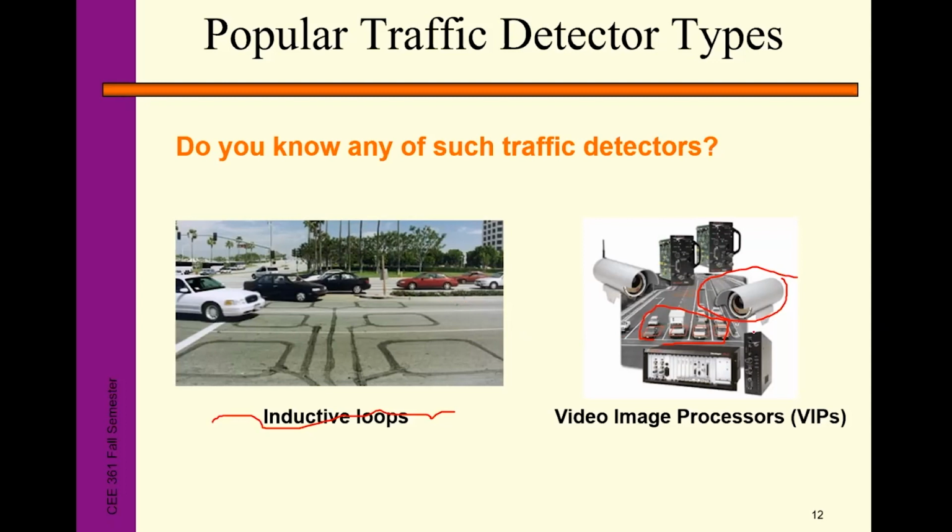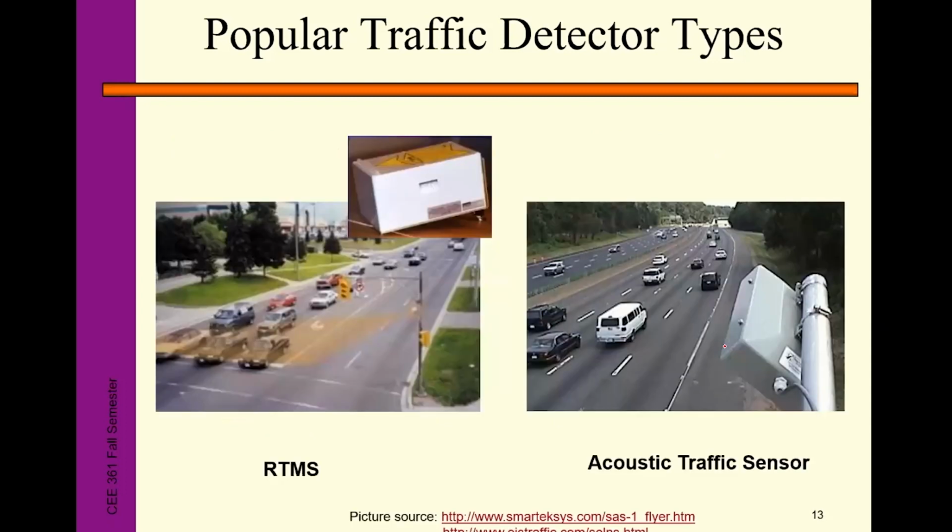In addition to those traffic sensors, we have many other types of sensors, like RTMS. This is a remote traffic microwave sensor, basically installed on the roadside. It sends a microwave beam to cover a certain area, and the beam is reflected by either the surface or the vehicles back to the sensor.